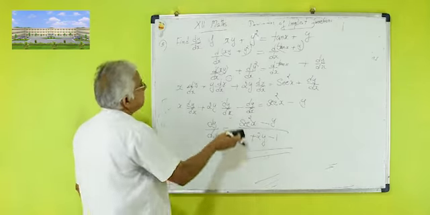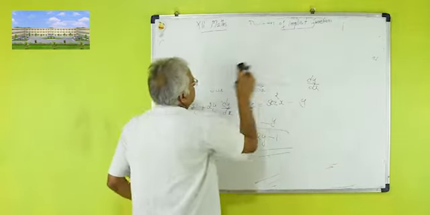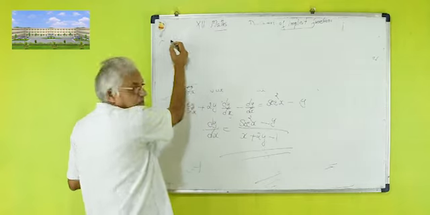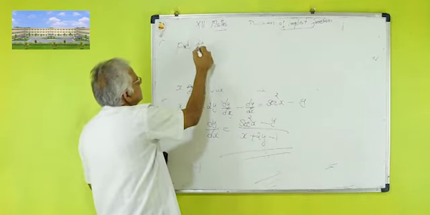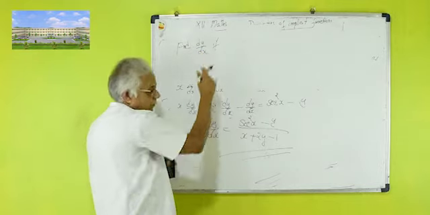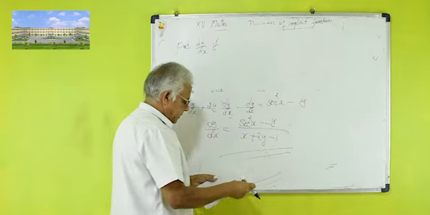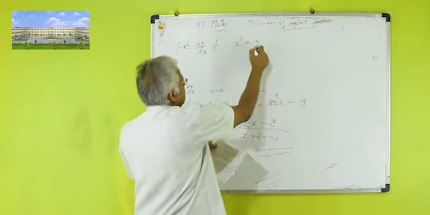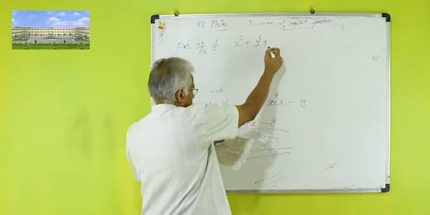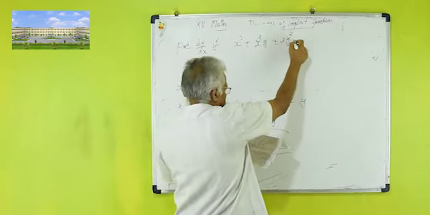Assignment. Find dy by dx if x³ plus x²y plus xy² plus y³ is equal to 81.